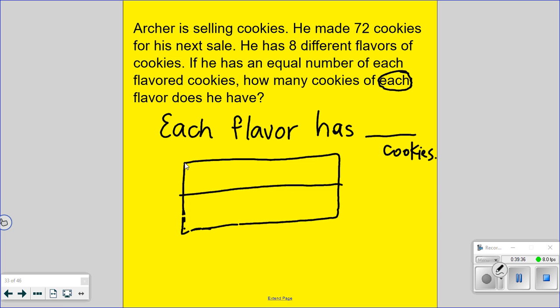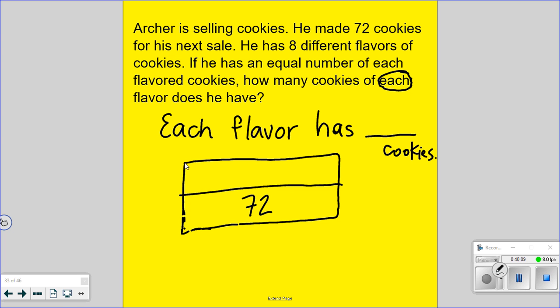I know that my total number of cookies is not going to change. So how many total cookies did you make? 72. Are you making any more in this story? No. 72. We're not changing that.